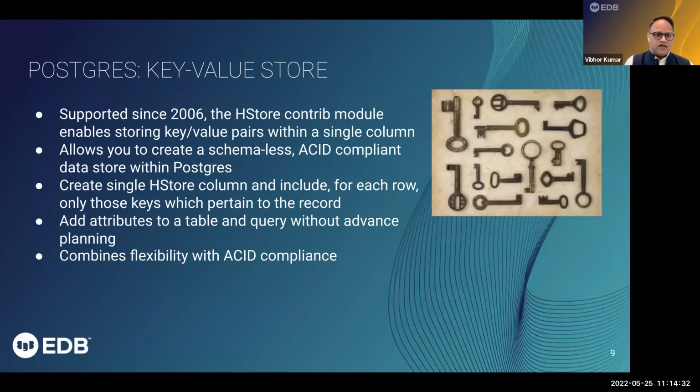It allows you to add a table, and it also gives you a way of extracting a specific component of your data from the Hstore. It's very flexible, and it also allows you to use it in a transaction. So it covers your transactional properties, which is ACID compliance.